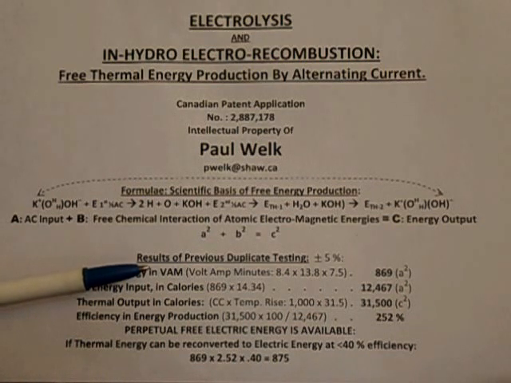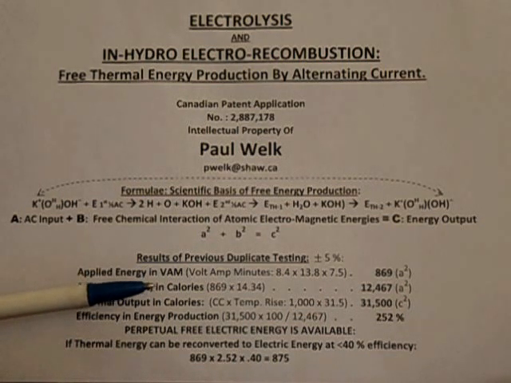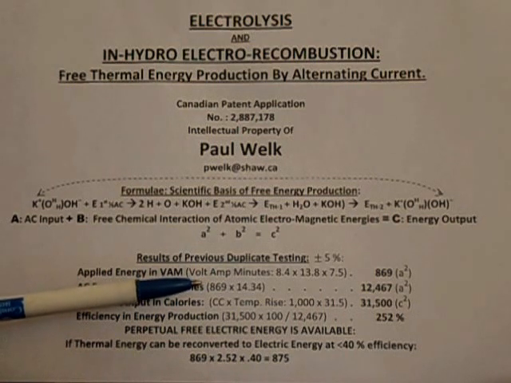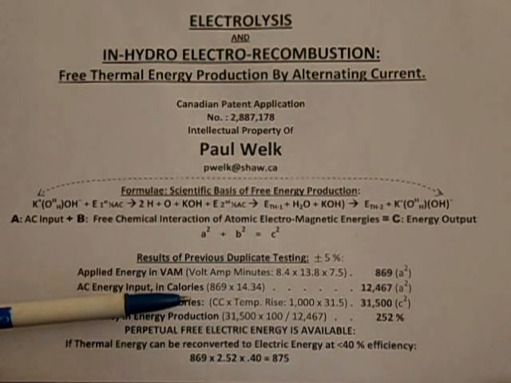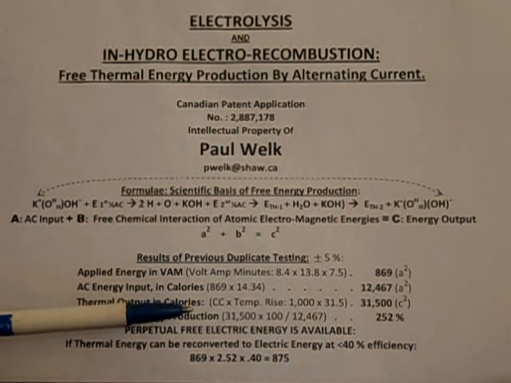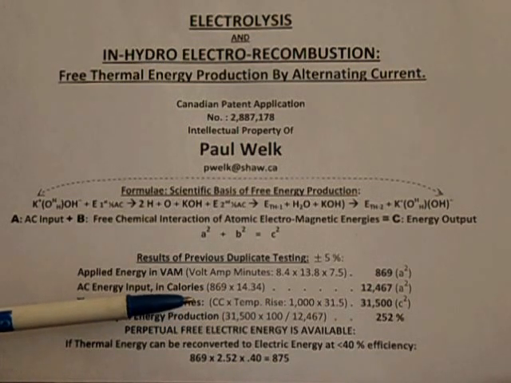To compare volt-amp minutes with calories, we must use a conversion factor. The publicly acknowledged conversion factor is listed there for you. It is 14.34. Once you have converted volt-amps to calories, then you can compare input with output, and that is the objective of this particular test.